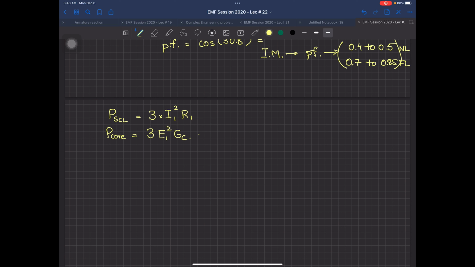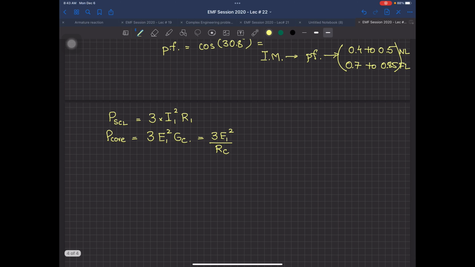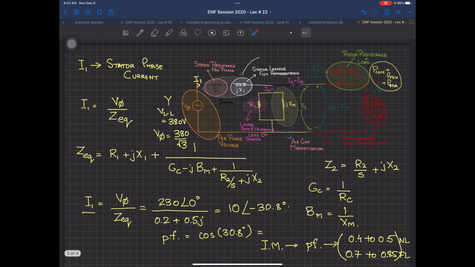Now this can also be written as 3E1 square divided by RC. It's totally up to you, you want to use RC or GC. What is RC? RC is this resistance corresponding to the eddy and hysteresis losses. And why have they used E1? Because E1 is the voltage.